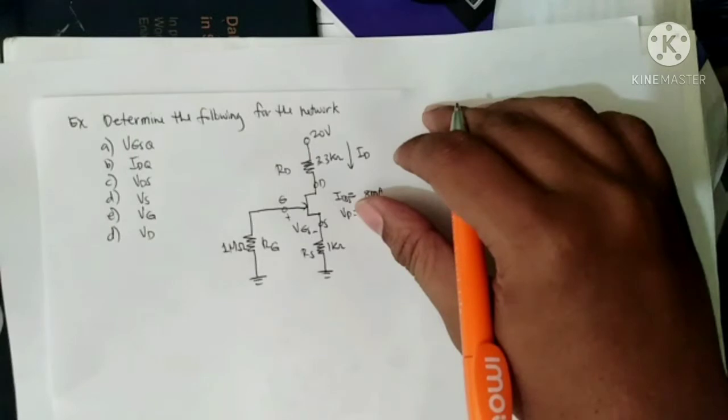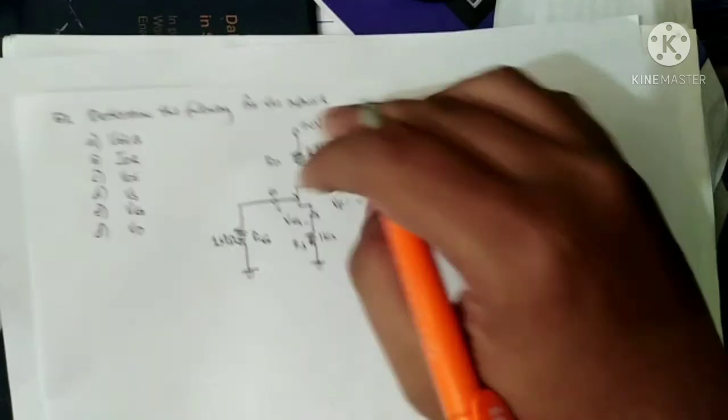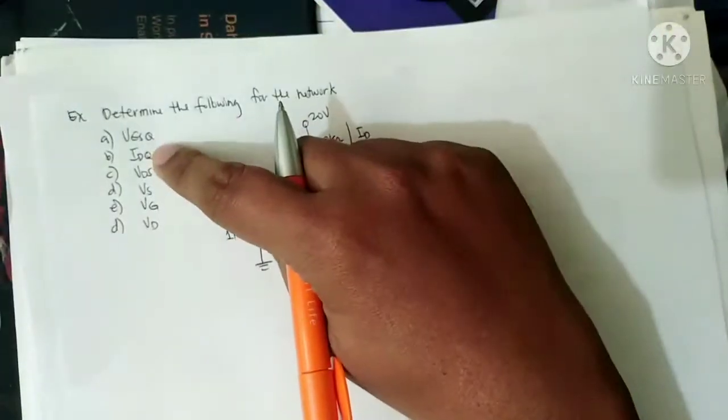So let's have an example. Determine the following: VGS, ID, VDS, VS, VG, and VD.